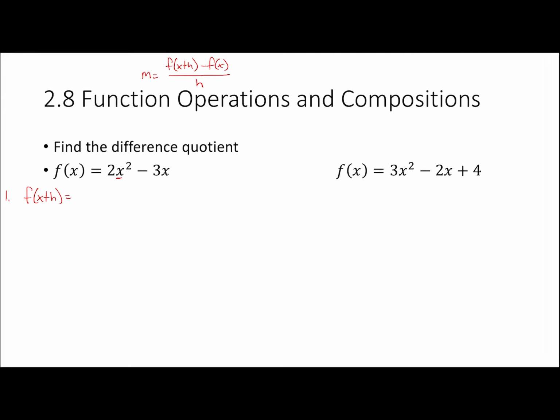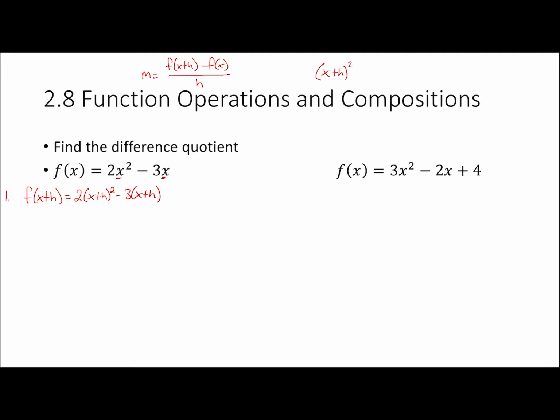Okay, that's going to be step number 1. And I'm going to number these so you can see the steps here. So to find f of x plus h, we're going to take x plus h and put it in place of x in the function. So we're going to have 2 times x plus h squared minus 3 times x plus h. And then we need to simplify that.